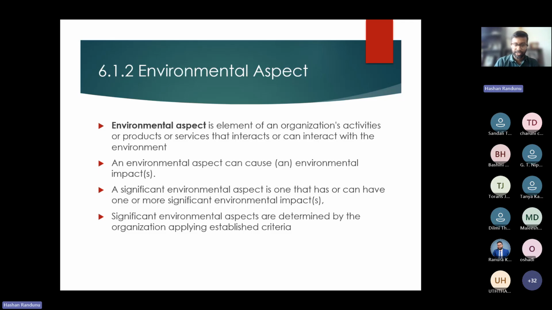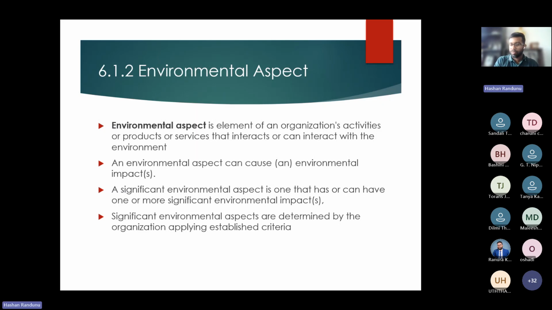So when we operate a generator, we release certain gases. Gas emission is the aspect, and due to that emission, we pollute the air. That's the impact. Now I think you should have a better understanding of this terminology. An environmental aspect is the interaction between our activities and the environment. Due to that interaction, we make an impact on the environment.